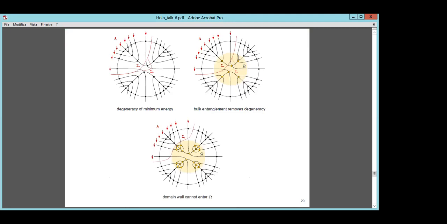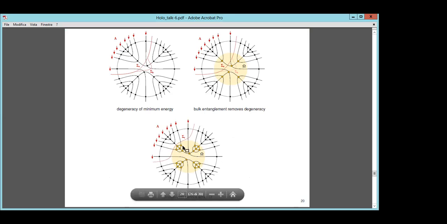And we can further increase the effect of the bulk by increasing the dimension of the bulk up to the point in which the domain wall is prevented from entering it.